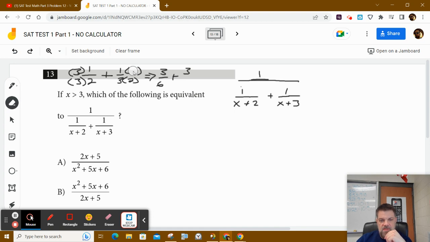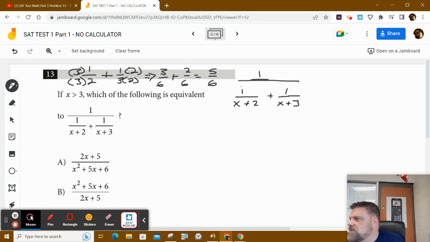You guys got to pay attention. Plus 2 over 6. And then I just add the top all over the bottom, right? 3 plus 2 over the common denominator of 6. Do you guys remember that?